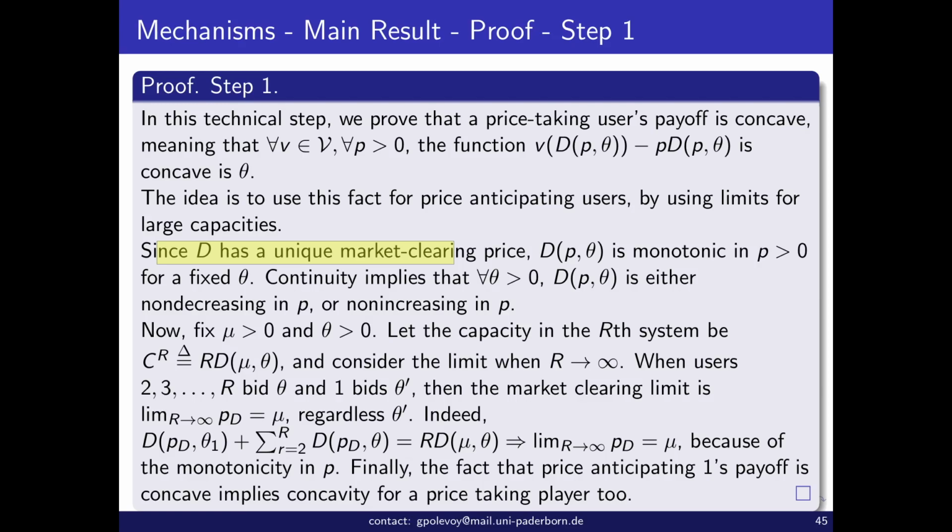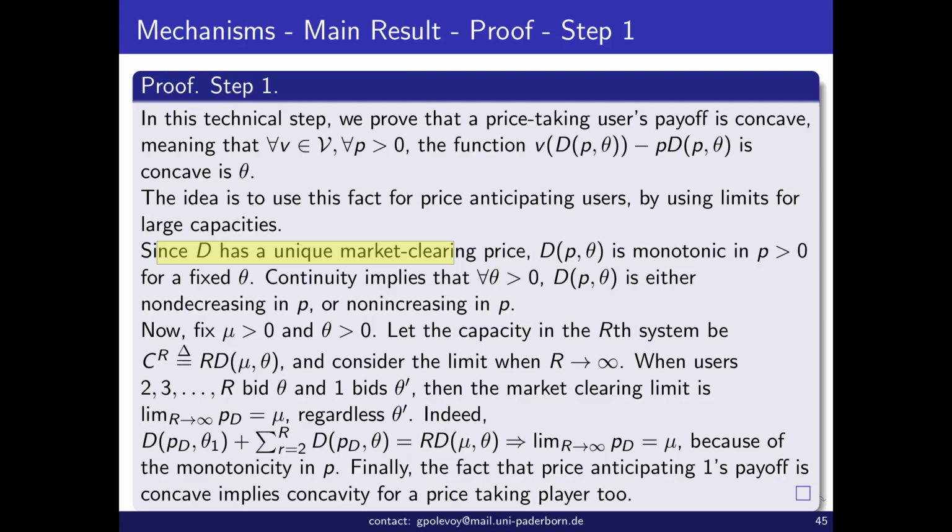What we actually have is that for all theta, it's either non-decreasing or non-increasing because of continuity. We cannot have some theta like that and some theta like that, because then there should be something in between which we don't have.